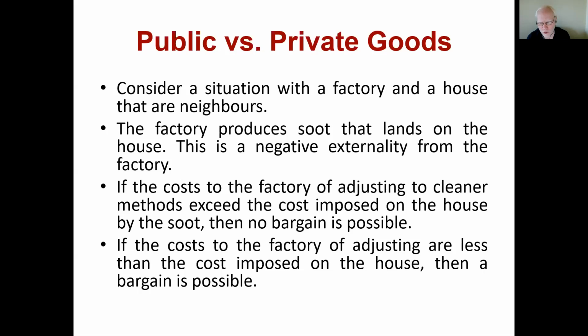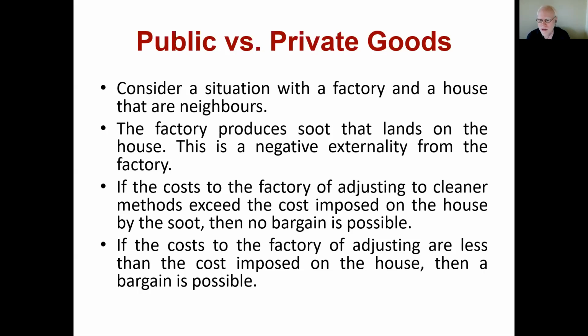If the cost to the factory of adjusting is less than the cost imposed on the house, then a bargain is possible. So let's imagine that it still costs $1,000 to adjust, but it's imposing $2,000 in costs on the house, right? So that house could offer anything between 0 and $2,000 to the factory to change its cleaning system or its output system.